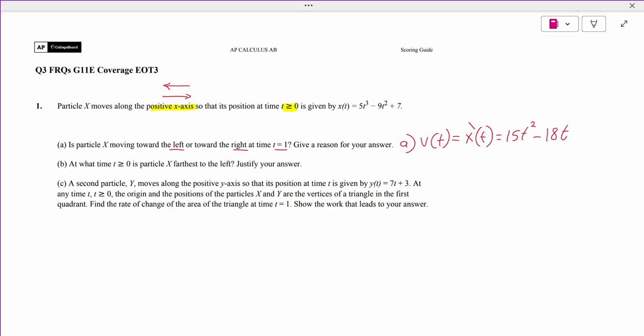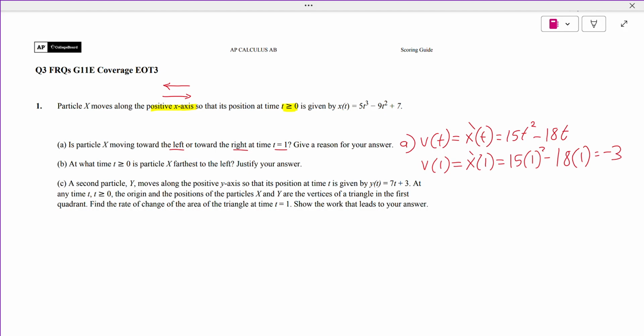And then find the sign of the velocity at t equals 1. That means you are looking for v of 1, which is x prime of 1. 15 times 1 squared minus 18 times 1.